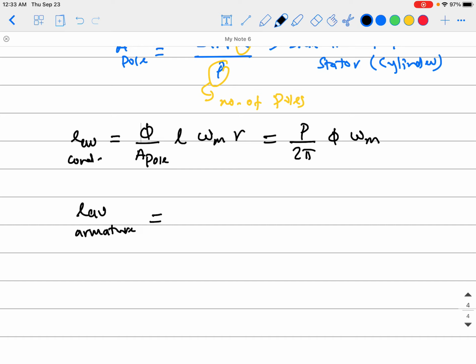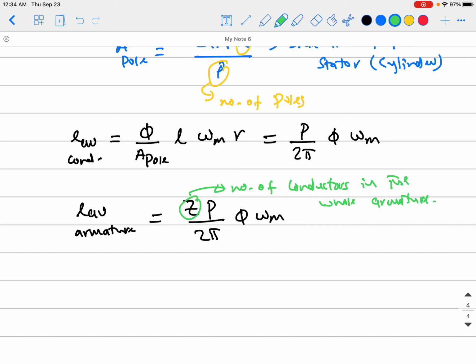Z here is just the number of conductors in the whole armature. Like I said before, you just calculate for a single conductor from Faraday's law, E equals BLV, and just multiply by the number of conductors. It will give you the whole induced voltage in the armature winding.